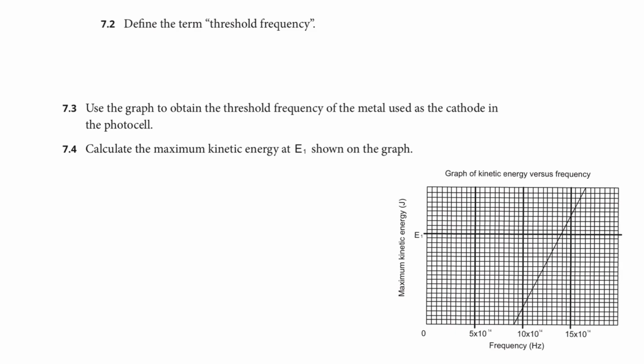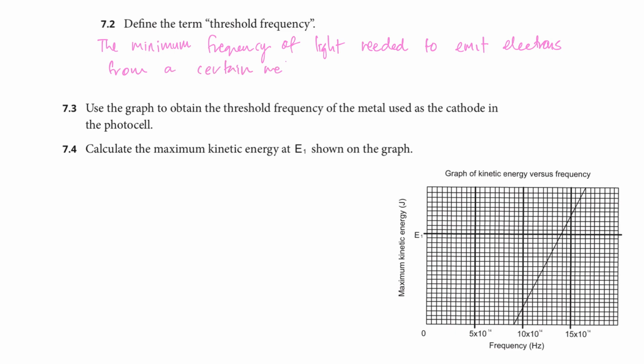So we know by this point, the threshold frequency is the minimum frequency of light needed to emit electrons from a certain metal surface. Right, nice and basic. Just a plain old definition.